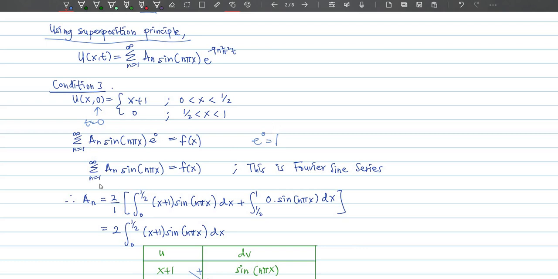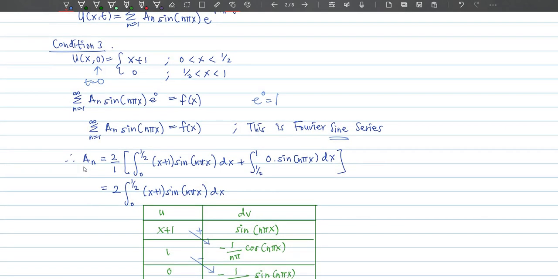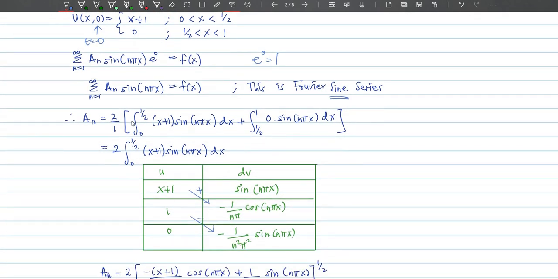So we have this equation then, which means this is a Fourier sine series, and a_n can be obtained by using this formula.